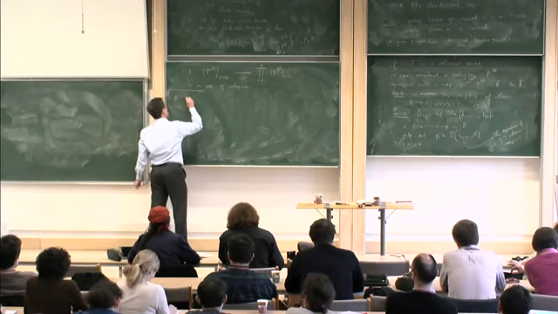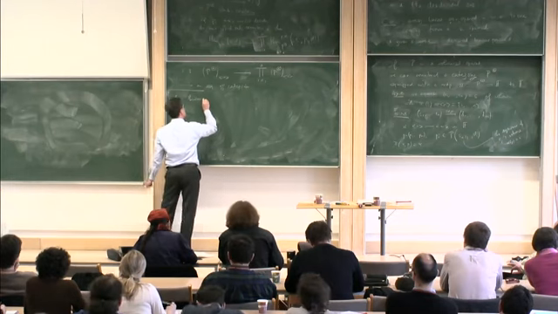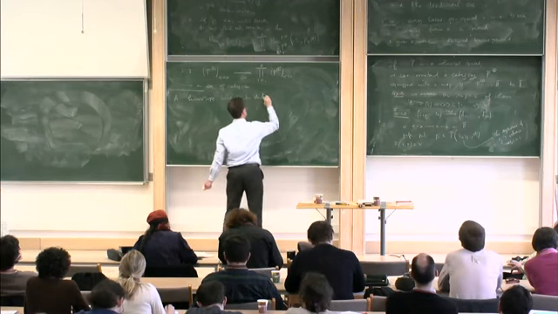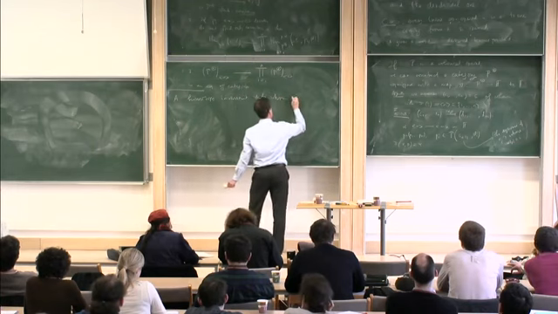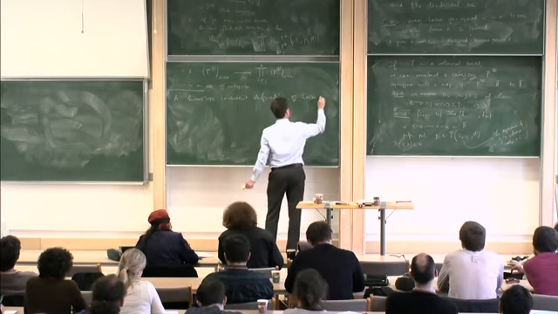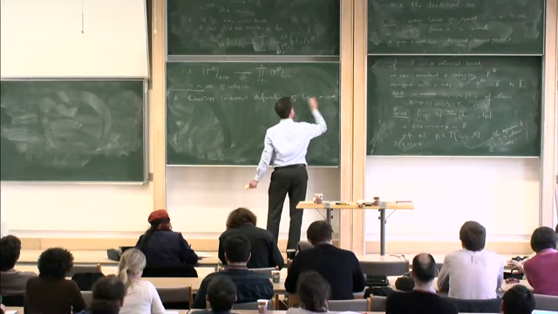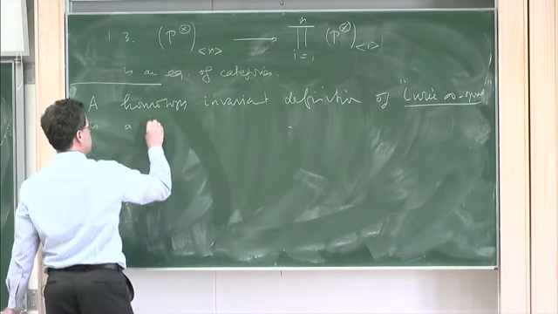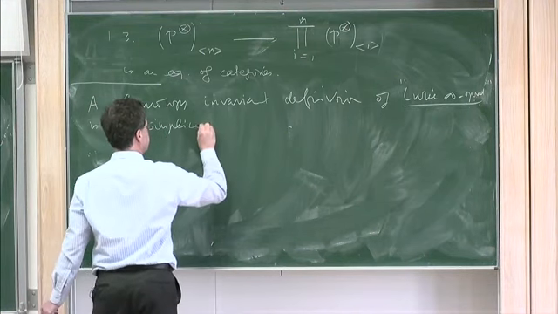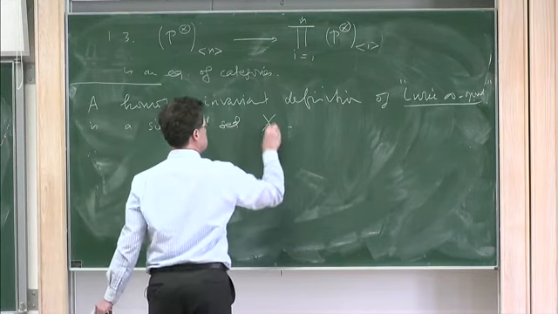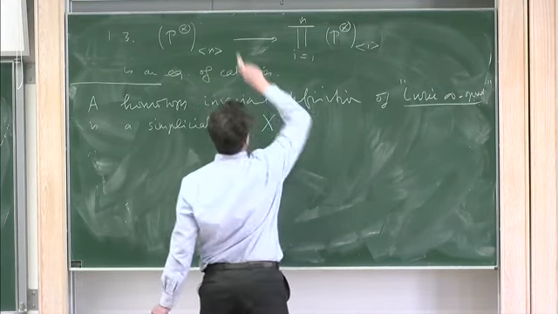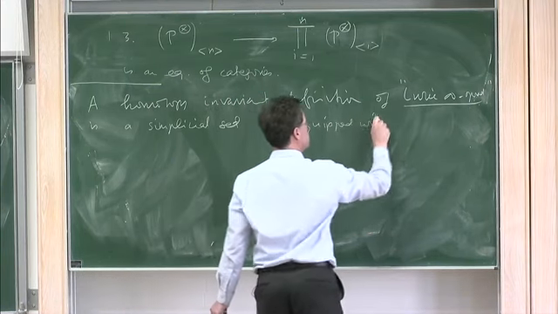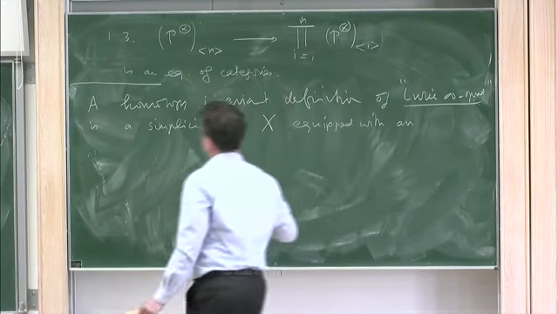So a more homotopy invariant definition of Lurie infinity-operads is a simplicial set, let me just call it X. So X plays the role of P tensor, equipped with an inner fibration.